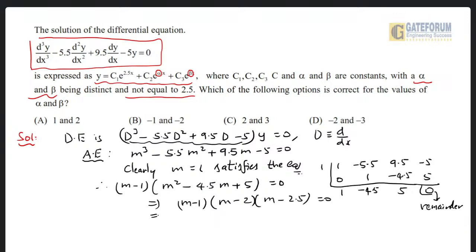So from this, the three distinct roots are 1, 2, or 2.5. I can write 2.5 first because c1 e power 2.5x is given. So 2.5, 1, 2. All distinct roots.